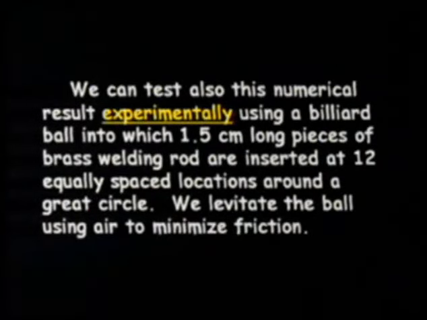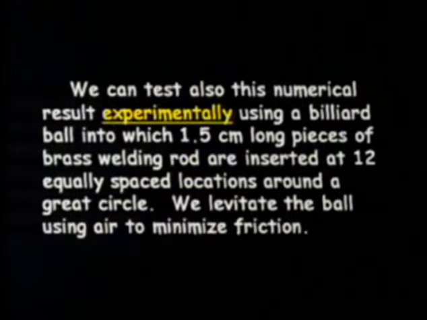We can also test this numerical result experimentally. A friend in my church is an engineer. He wanted to do an experiment, see if we could reproduce this. So we looked for balls that were very symmetric. We found that billiard balls had the best symmetry of any kind of ball we could purchase.